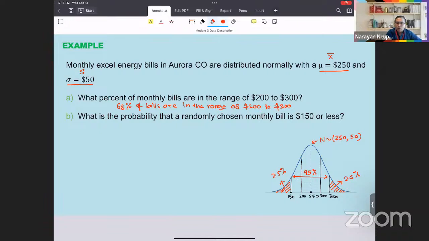So now what you know is the amount of bill that is less than 150 is 2.5%. So I can write like this: percentage of bills less than $150 is 2.5%. Remember, this is in percentage.